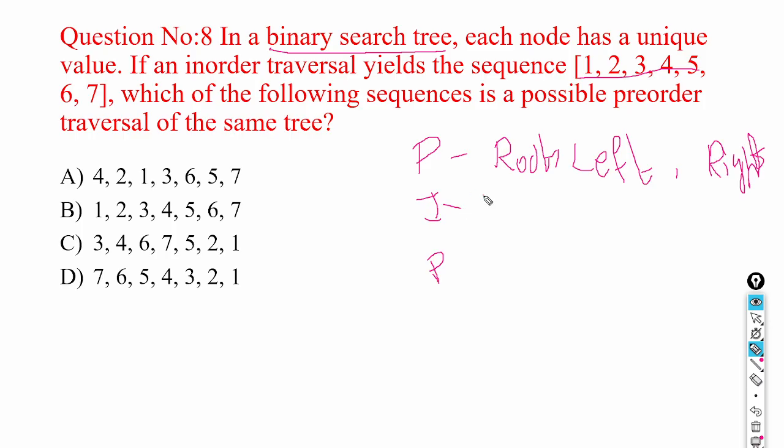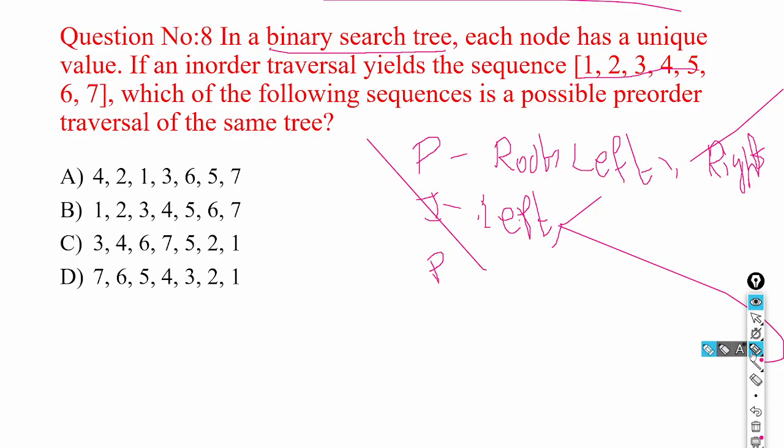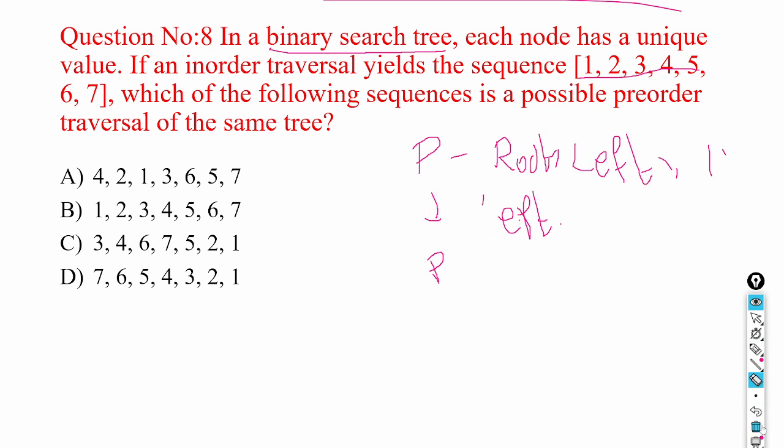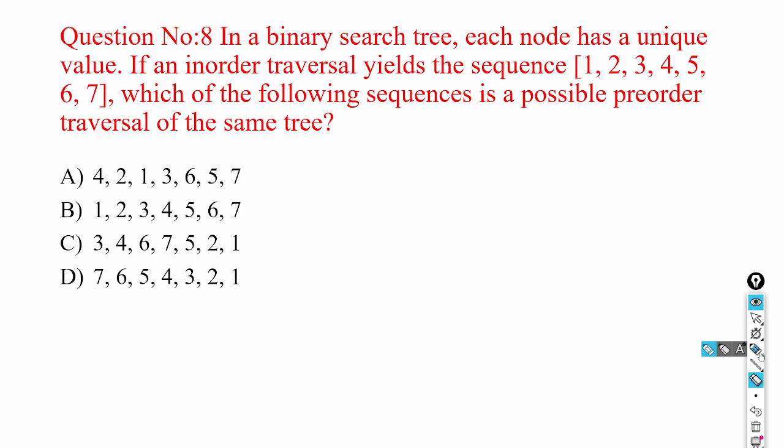In-order means first we need to visit the left subtree, then the root. Pre-order means root, left, and right.